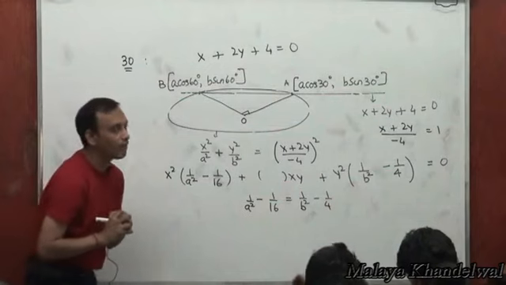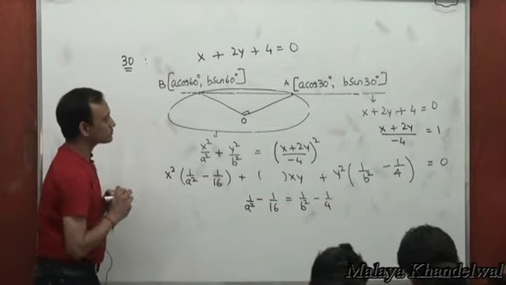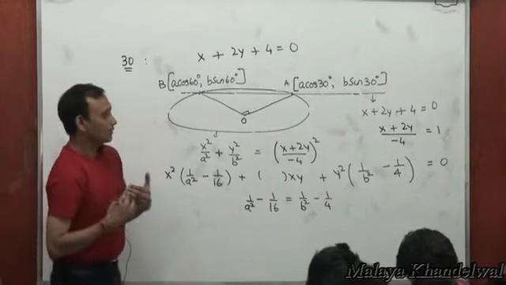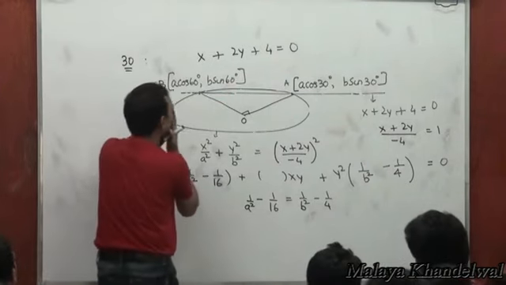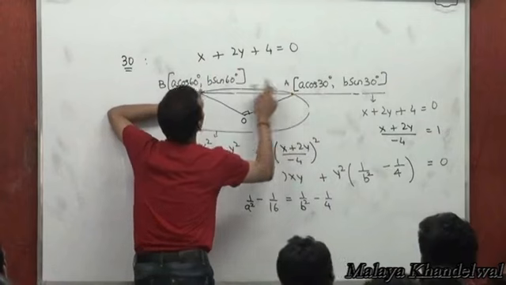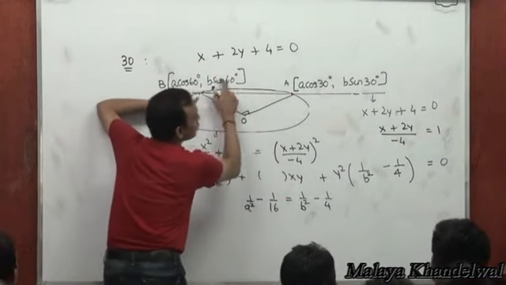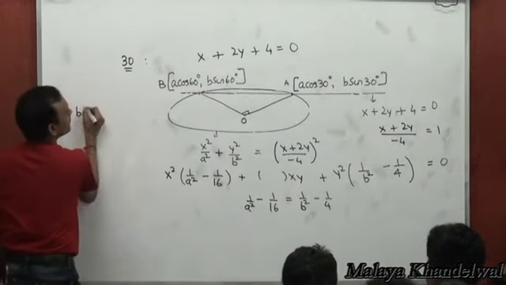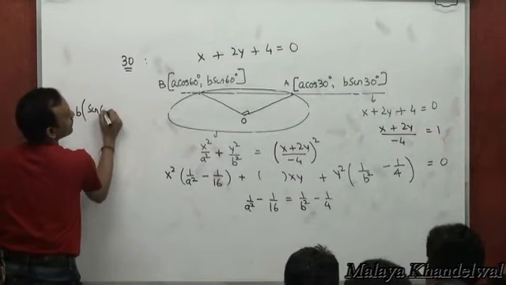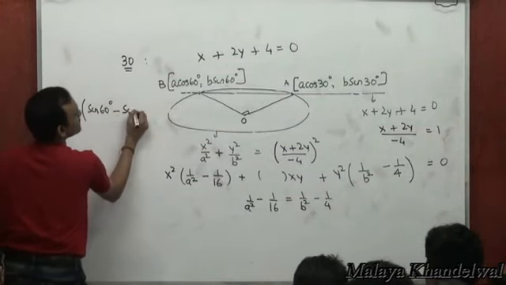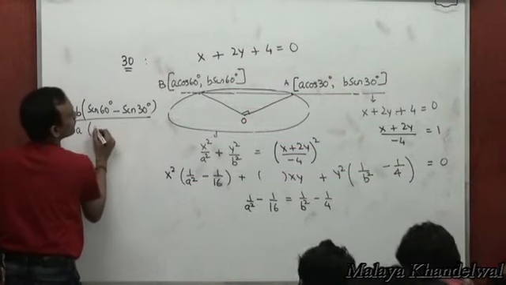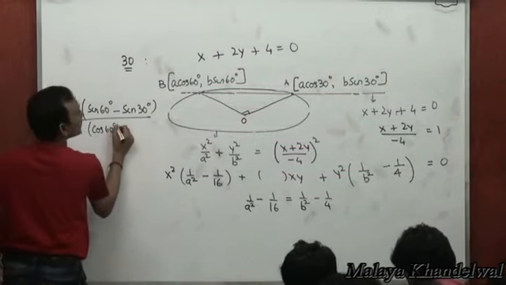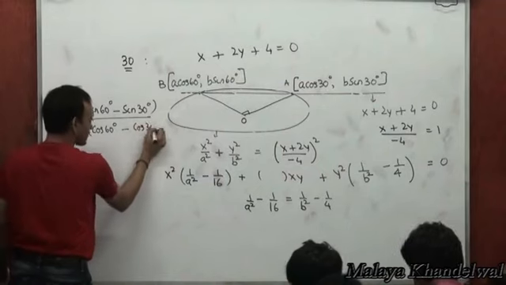I need to solve for a and b. The other equation connecting a and b, look at this. The slope of this line joining A and B is (b sine 60 degrees minus a sine 30 degrees) divided by (a cos 60 degrees minus b cos 30 degrees).